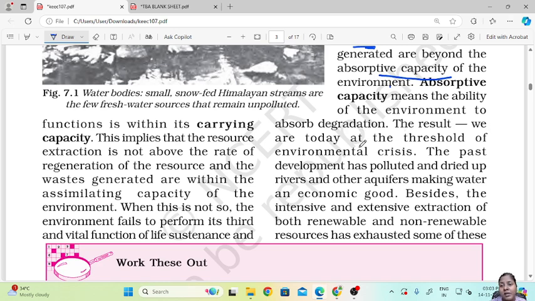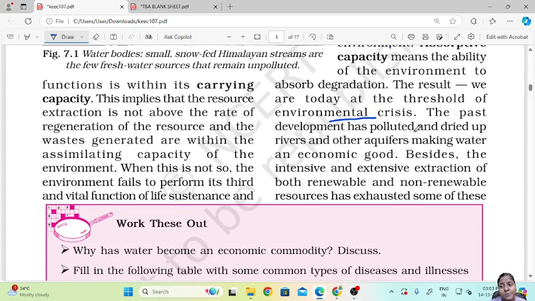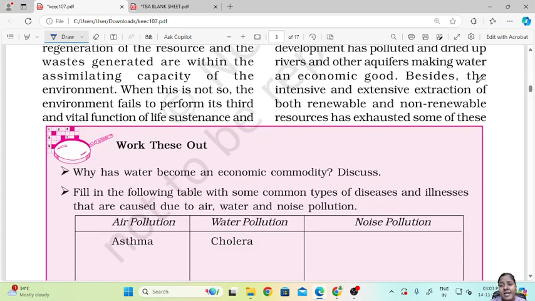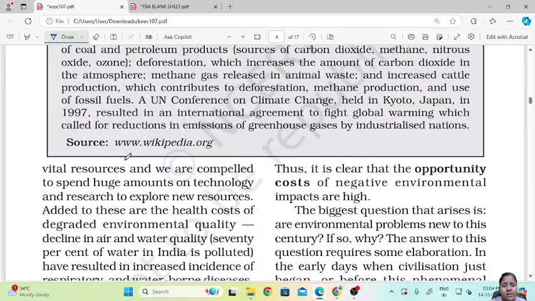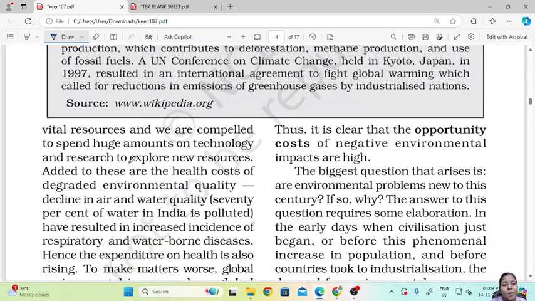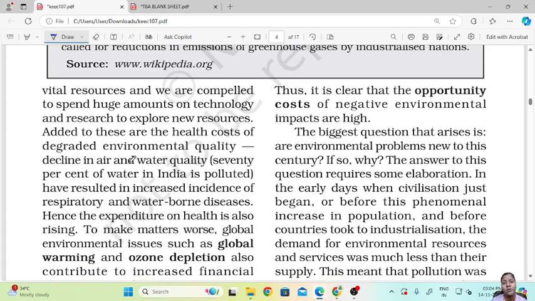The result is that we are today at the threshold of environmental crisis. The past development has polluted and dried up rivers. The intensive and extensive extraction of both renewable and non-renewable resources has exhausted some vital resources, and we are compelled to spend huge amounts on technology and research to explore new resources.